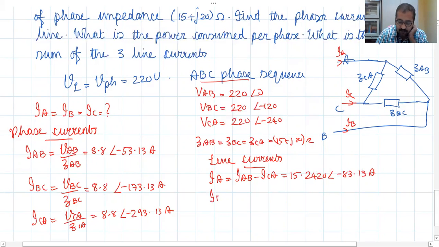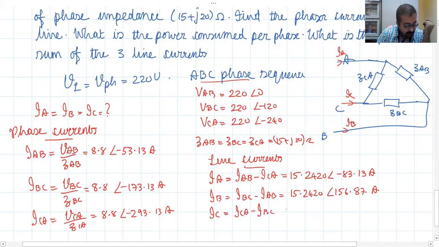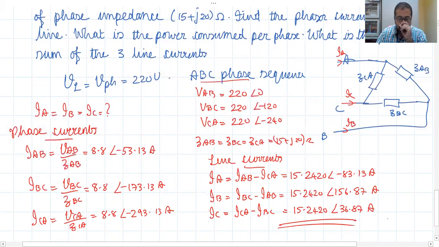Then IB will be IBC minus IAB, and that should be 15.24 angle 156.87 ampere. What is IC? ICA minus IBC. That should turn out to be 15.24 angle 36.87 amperes. So these are the line currents.